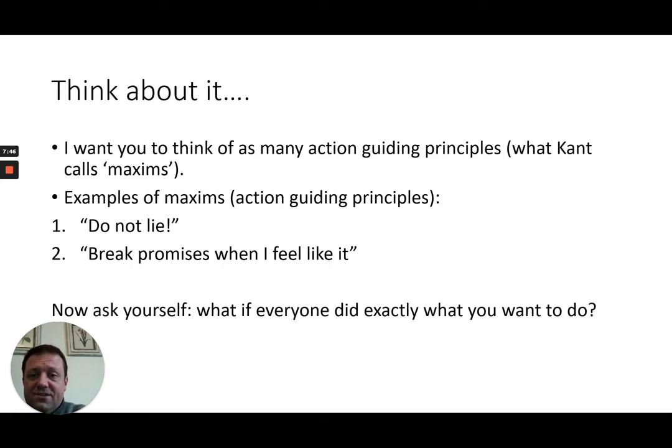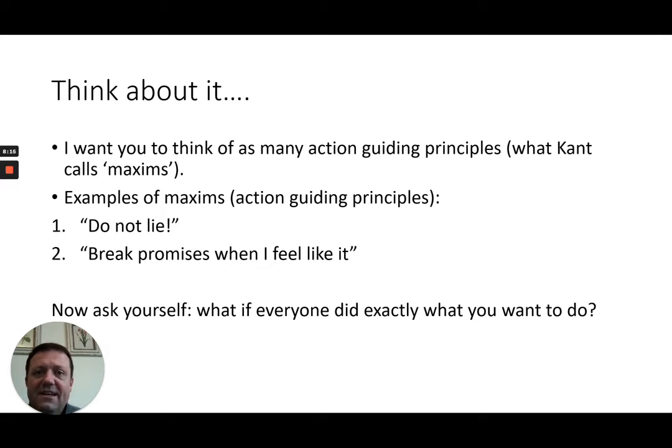So, just to sum that up on a slide, think of as many action guiding principles as you can, what Kant calls maxims, and ask yourself what would happen if everyone did as you wanted to do. Now, it's very important to understand that this question of universalization, the what if everyone did that question, is basically known as the categorical imperative.